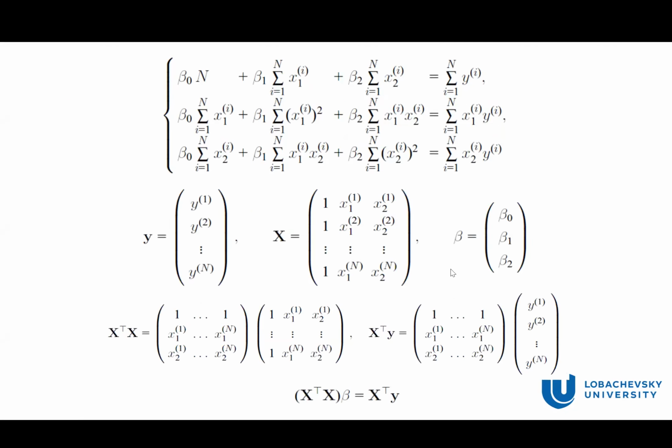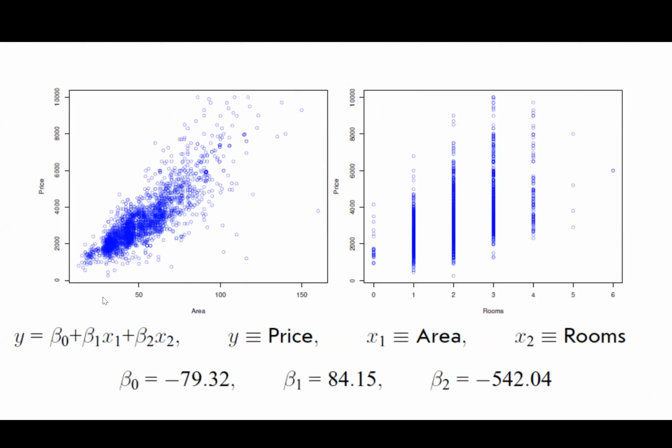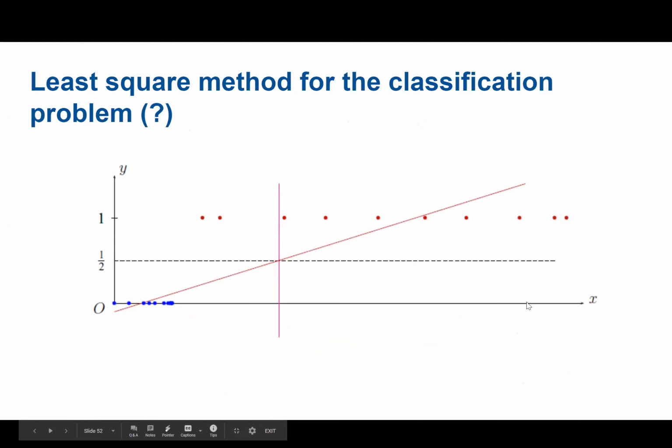For our example here, when we have b0, b1, b2, y is price, x1 is area, and x2 is the number of rooms in the flat, you can find that b0 is this one, b1 is this one, and b2 is this one.